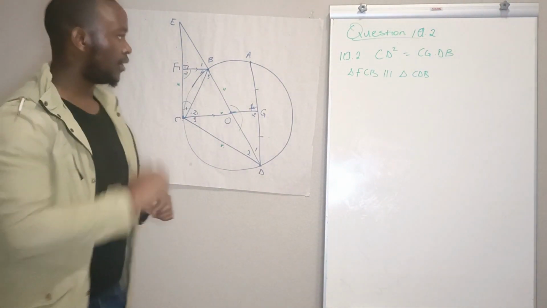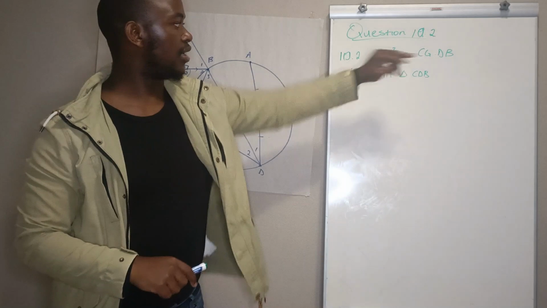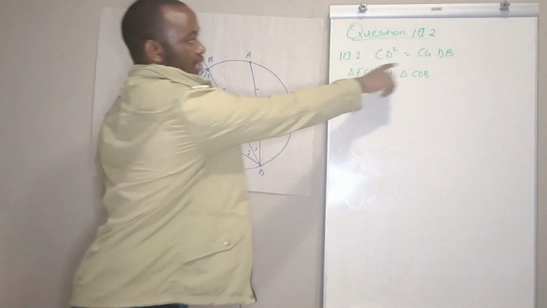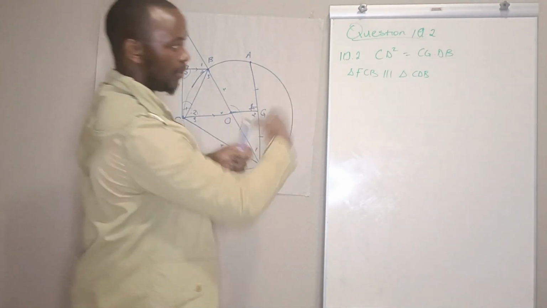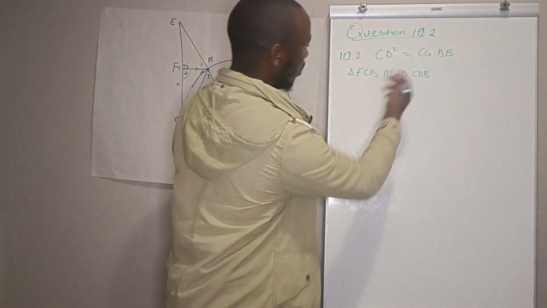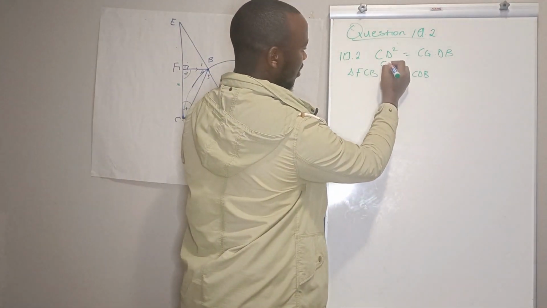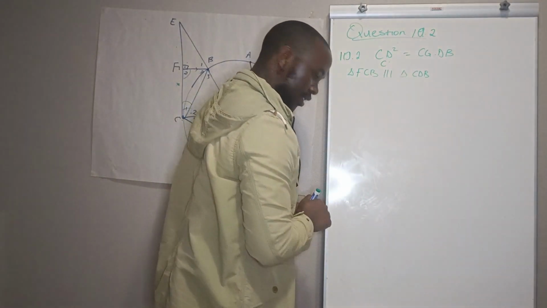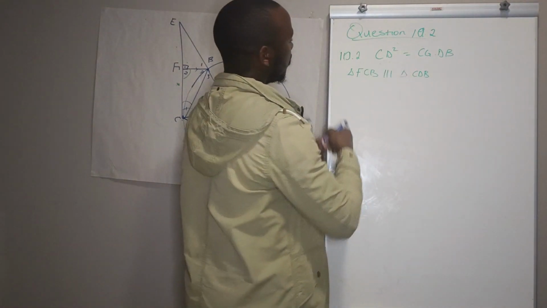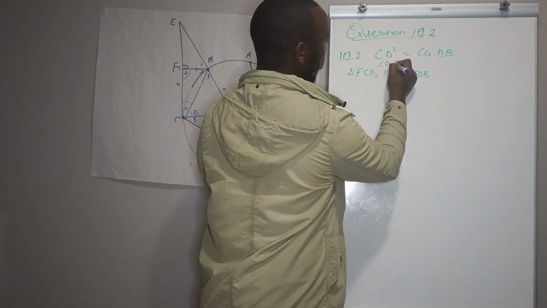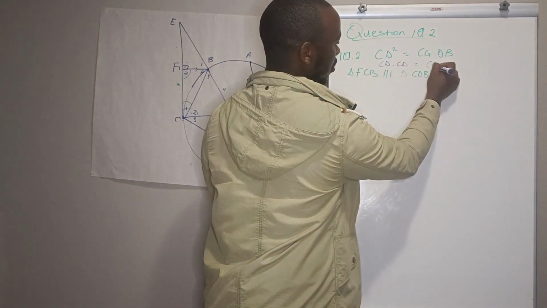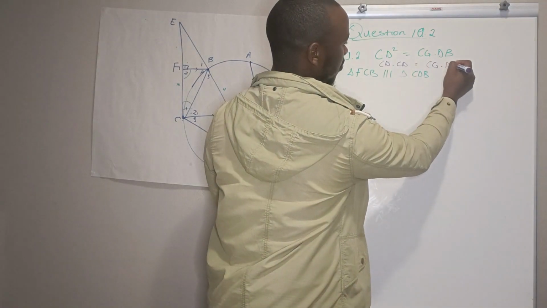So what we see in that statement is that if you expand it, it looks like this. Let me write it here. CD times CD is equal to CG times DB.